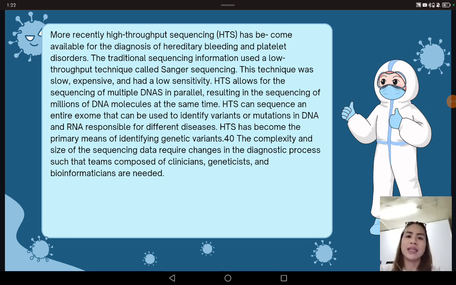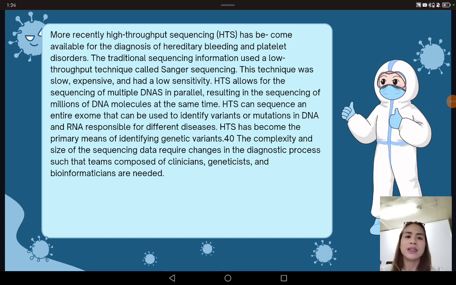High-throughput sequencing has revolutionized the diagnosis of hereditary bleeding and platelet disorders. Previously, traditional sequencing methods like Sanger sequencing were slow, expensive, and had limited sensitivity. However, HTS enables the simultaneous sequencing of millions of DNA molecules, allowing for the rapid and comprehensive analysis of genetic material.